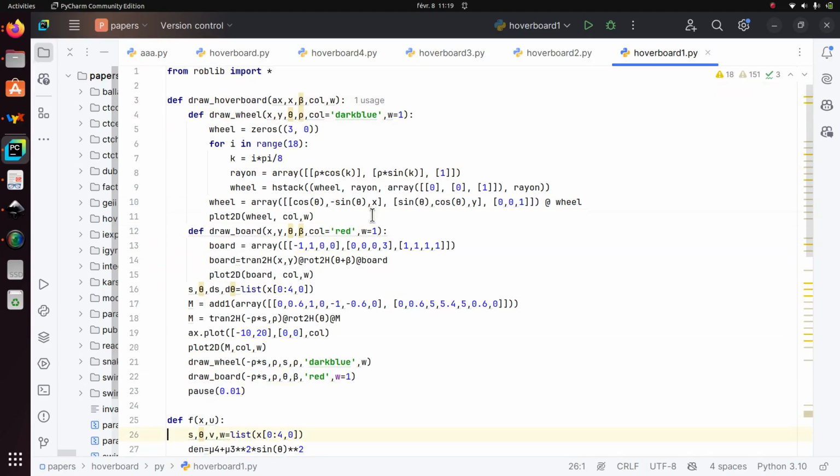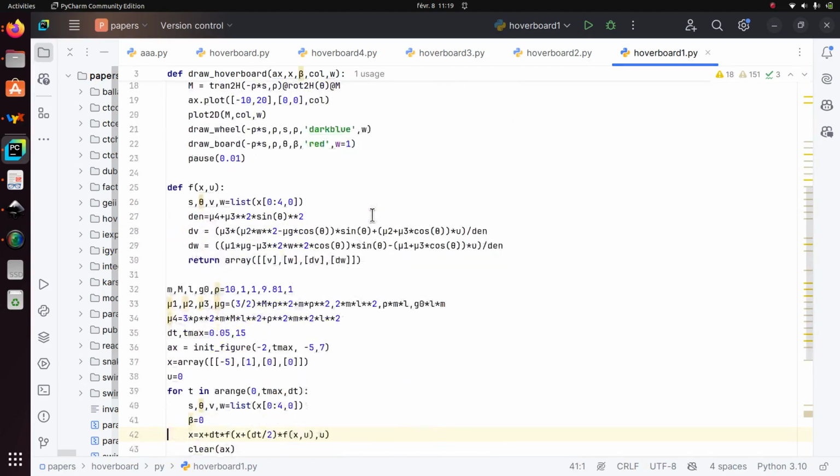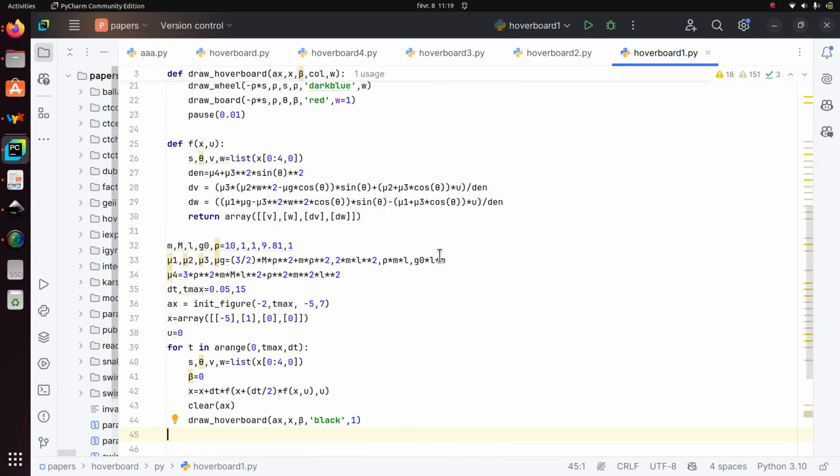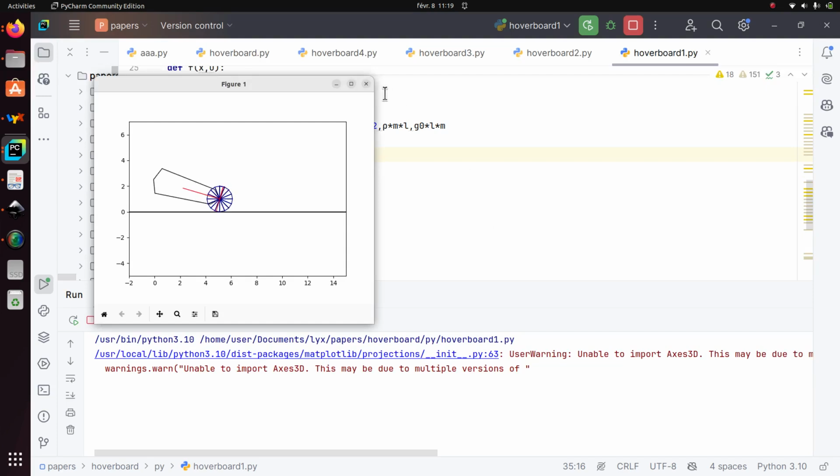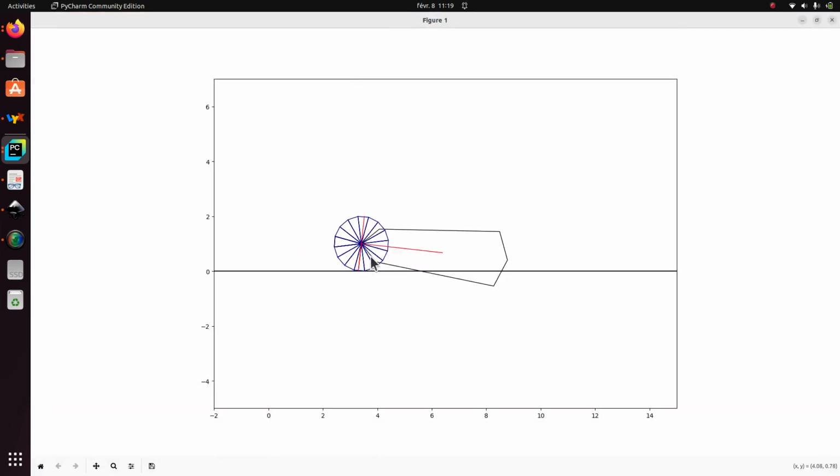We'll see this immediately. I will run it, and I can see my hoverboard, with the board in red and this strange shape corresponding to the human. So we understand that there is no control at all.